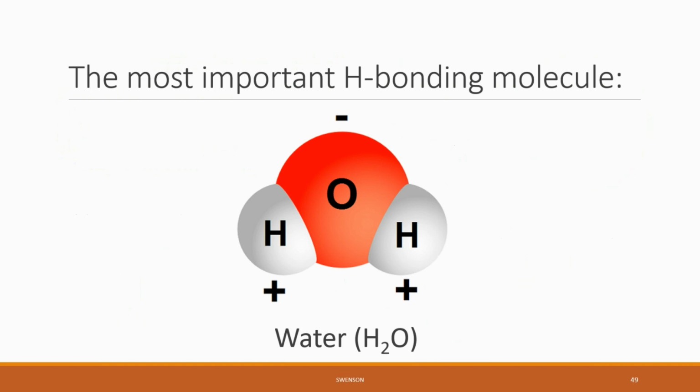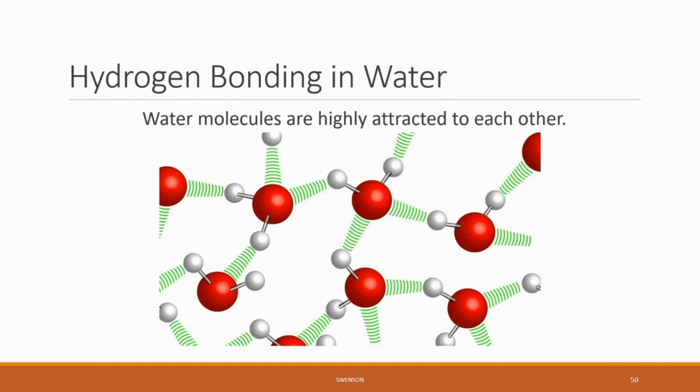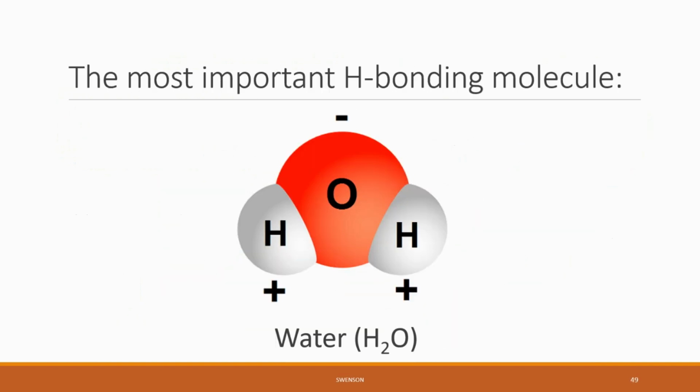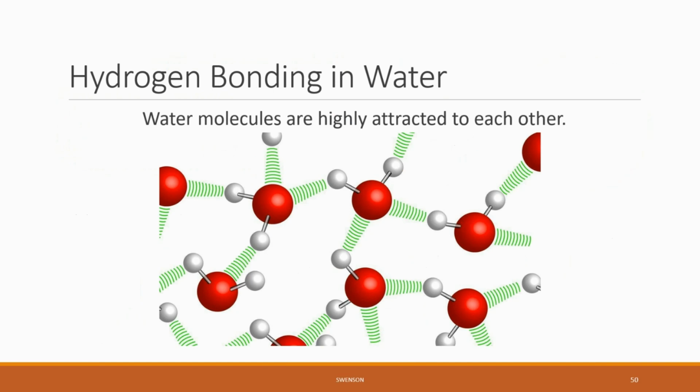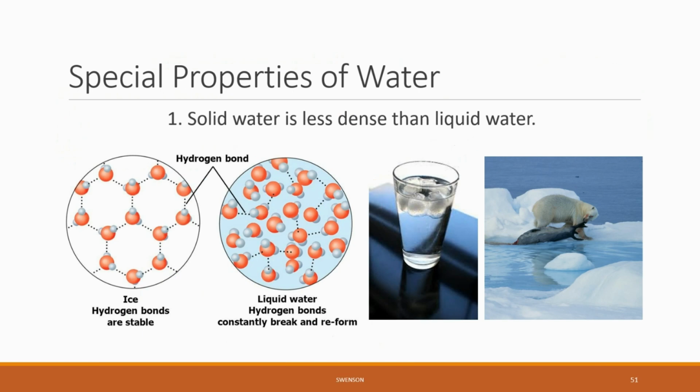Oxygen pulls the shared electrons toward itself, making that end of the molecule more negative and leaving the hydrogens more positive. Consequently, when you get lots of water molecules together, the oxygen of one water will hydrogen bond with the hydrogen of another water molecule. And this makes a very concentrated solution because the hydrogen bonding brings them very close together. And this is what makes water so dense.